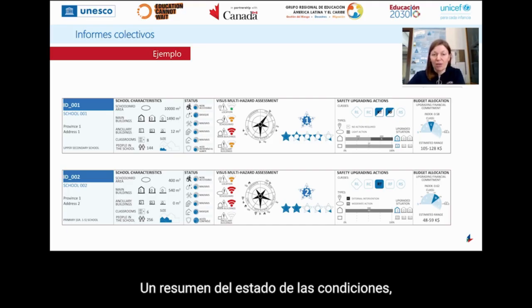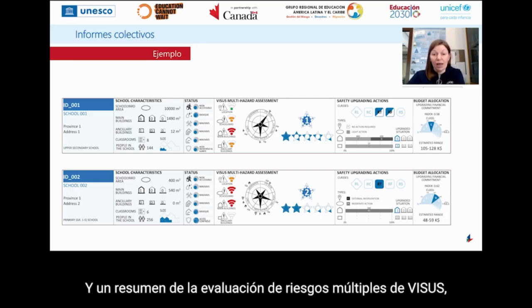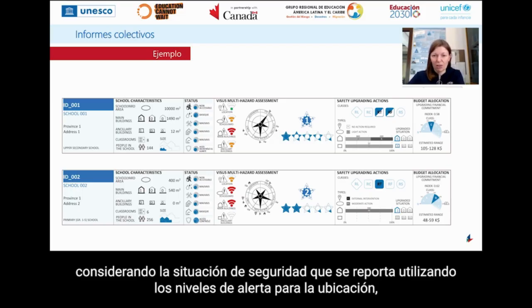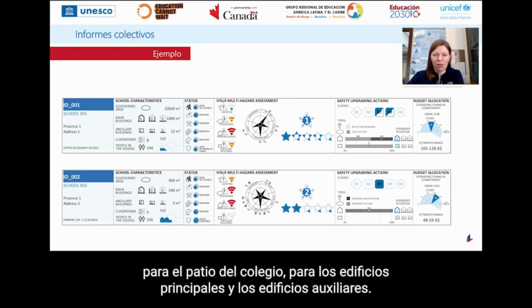A summary of the status of conditions, so considering accessibility, water and sanitation, maintenance, and so on. And a summary of the VISUS multi-hazard assessment, considering the safety situation that is reported using the warning levels for the location, for the schoolyard, for the main buildings and for the ancillary buildings.